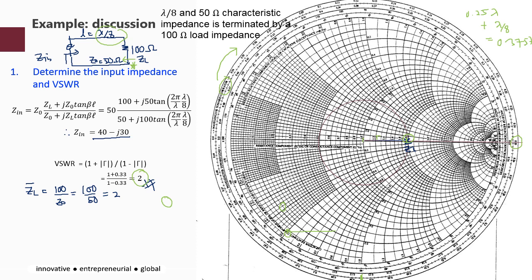Draw the line crossing from the center. Then look at the intersection between the line and the SWR circle, and you'll get your Zin there.